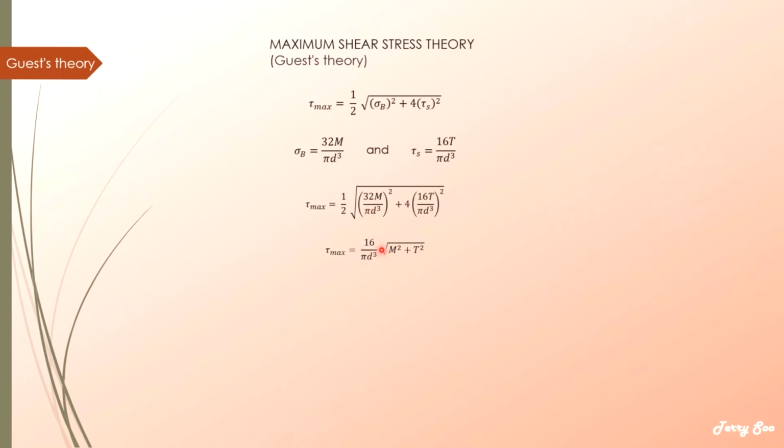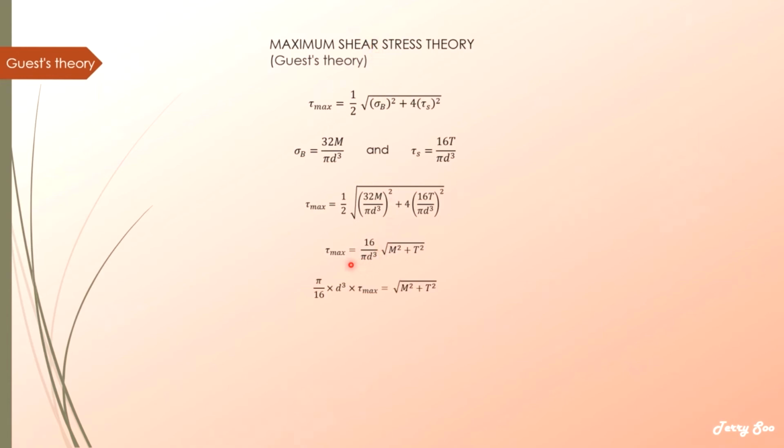So what is left here is the square root of M squared plus T squared, where M is the maximum bending moment and T is the torque. That is based on the maximum shear stress theory, for ductile materials.